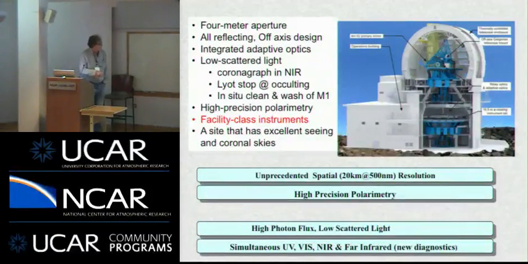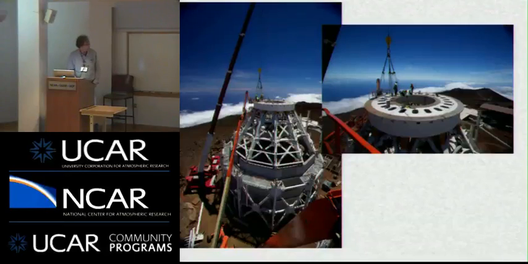Just a real quick summary: of course, the DKIST is a 4-meter aperture off-axis telescope. It has adaptive optics, sits at a site with coronagraphic capabilities, particularly in the near infrared, is planning high precision spectropolarimetry, and will host a suite of instruments run in a sort of service mode style, and is currently under construction.